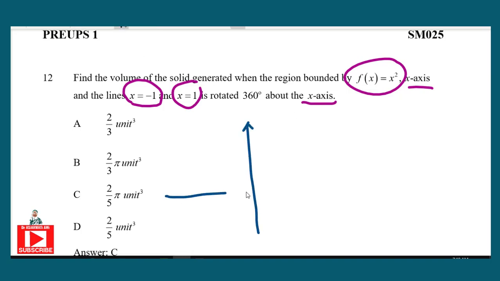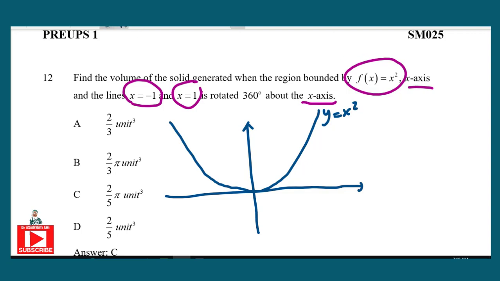Sketch the graph of y equals x squared, the x-axis, the line x equals -1, and the line x equals 1.